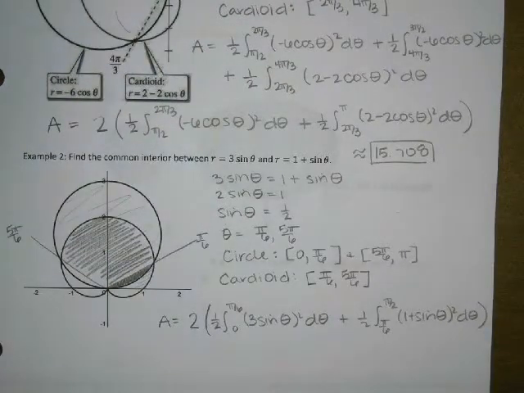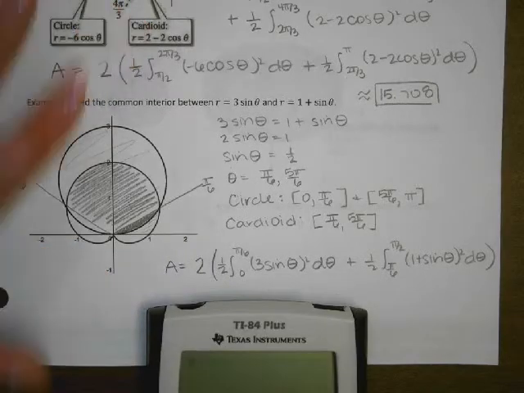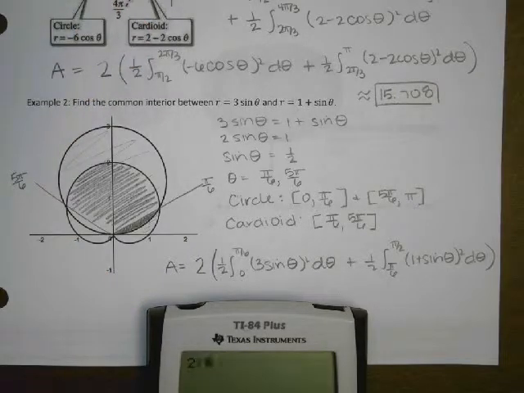Okay, and I'm going to type this very carefully so I don't make a mistake again. So 2 times 1/2, 0 to pi over 6, 3 sine theta squared, plus 1/2, pi over 6 to pi halves, 1 plus sine theta squared.